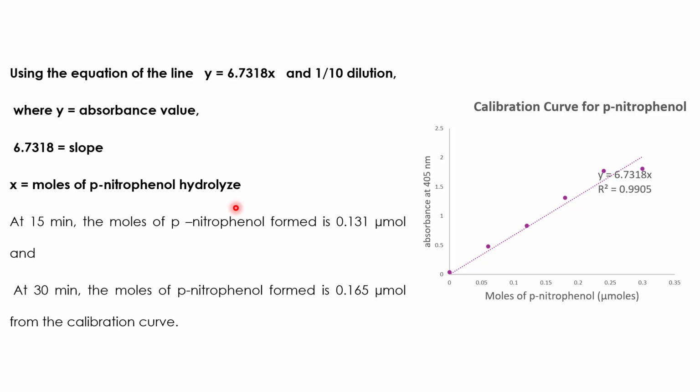So let's see the moles of p-nitrophenol hydrolyzed or formed at 15 minutes and at 30 minutes using the calibration curve. Making x the subject, at 15 minutes the moles of p-nitrophenol formed is 0.131 micromole, and at 30 minutes it is 0.165 micromole, using the equation of the line y equals 6.7318x.